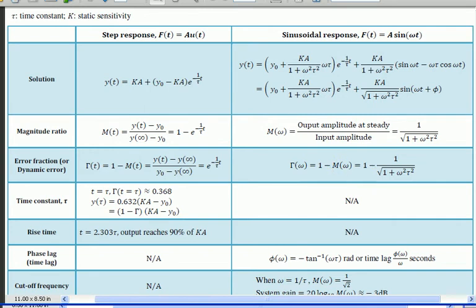You need to either remember them, or if I give you a formula sheet, you need to be able to look them up. Here is the magnitude ratio, and here is the phase angle, phi. So let's go back and use this one. That's problem number 1.